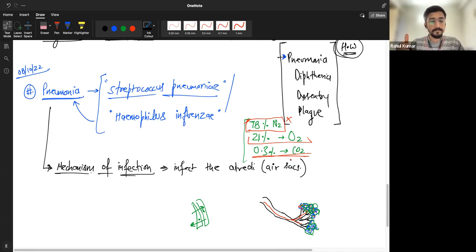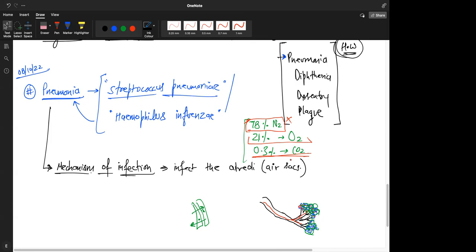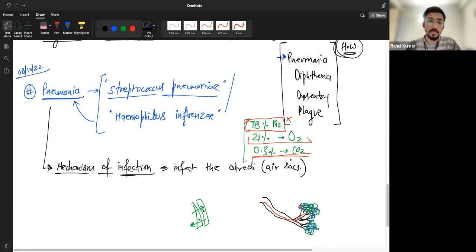Make sense to everyone? Yes, sir. Okay, cool. So now if someone asks you why SpO2 decreases in COVID, it's because the COVID virus also affects the respiratory tract, the lungs and the bronchi and all these.